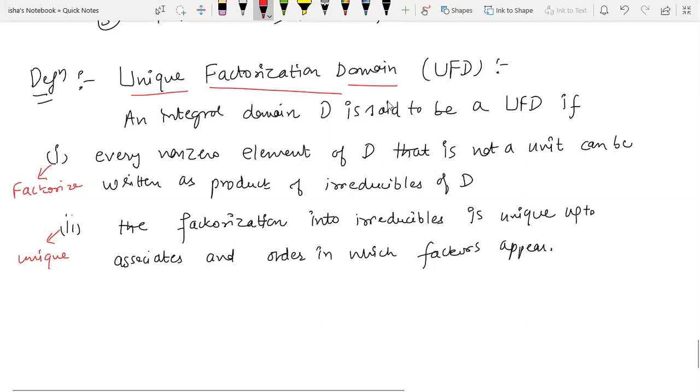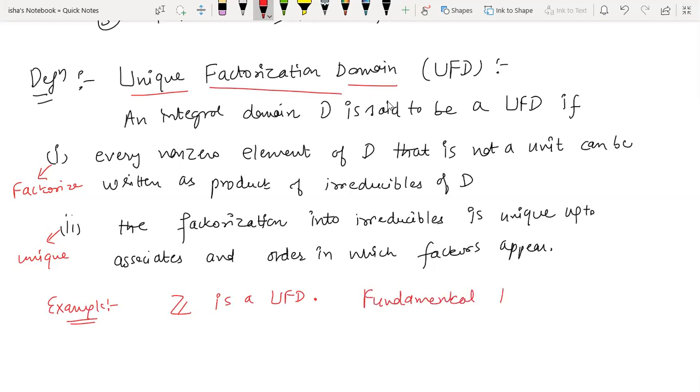So let me take the examples of this first. In the example, I'm starting with the simplest possible example, the ring of integers Z. Z is a unique factorization domain. This is something we already know by the fundamental theorem of arithmetic. Does anybody know the statement of this theorem?